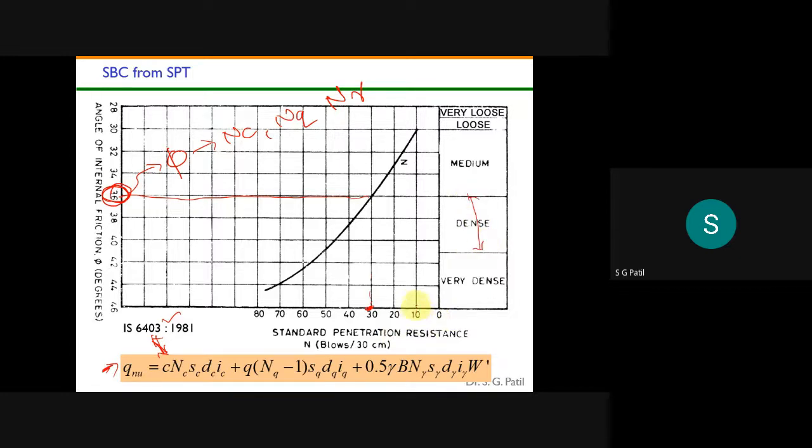If your corrected N value is something around 10, then it is not even medium, you can call it loose, very loose. So this is the chart where you will get the angle of internal friction from standard penetration N values.